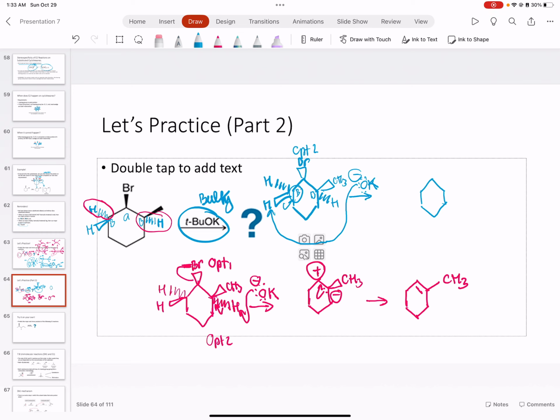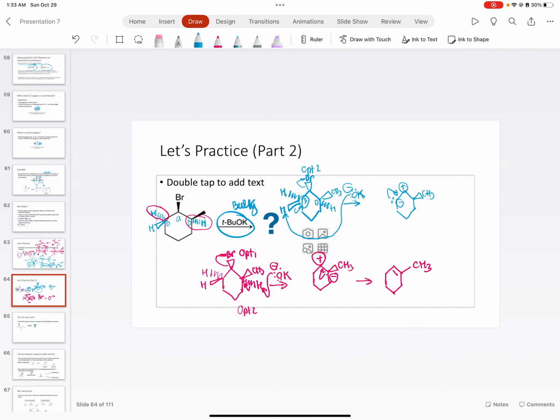So then we have a negative in here, the bromine left, so we have a positive in here, and then we have our CH3 in here.